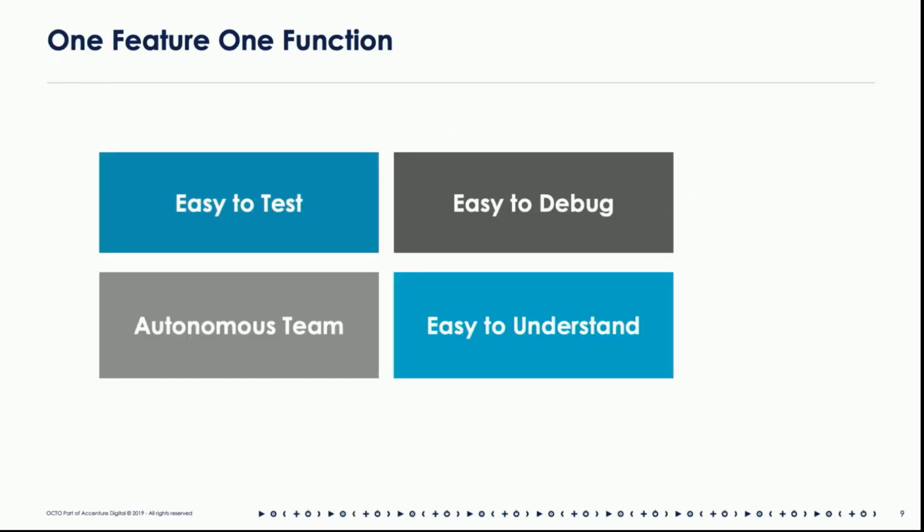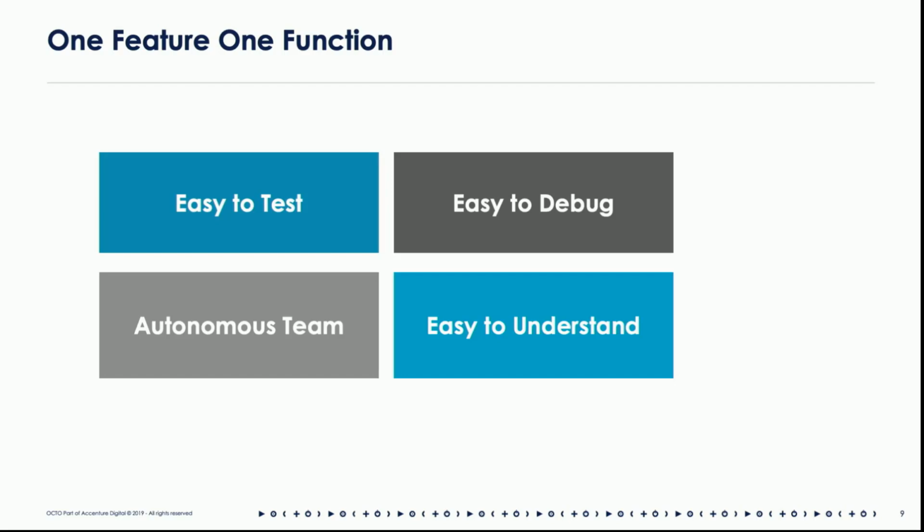Now, when you choose to go with serverless, you also need to make a choice about how your Lambda functions should look. You can have one Lambda function which can do pretty much everything, kind of monolithic functions, or you can have one Lambda function which is dedicated to just one feature. And we chose to go ahead with this second option, kind of serverless microservices.